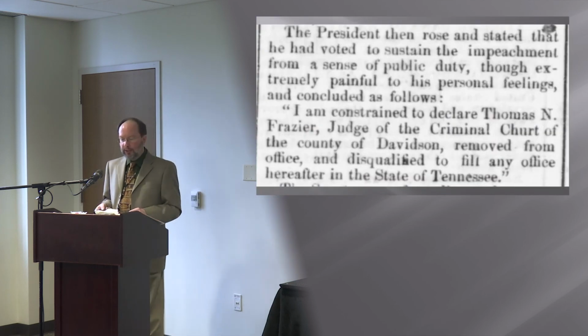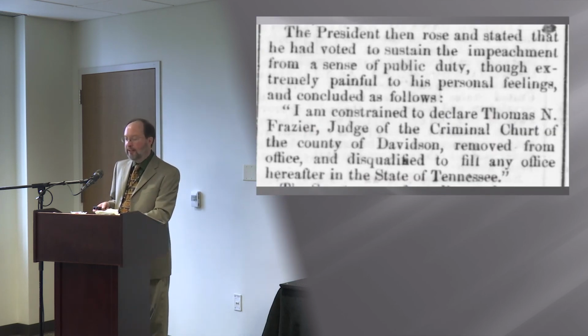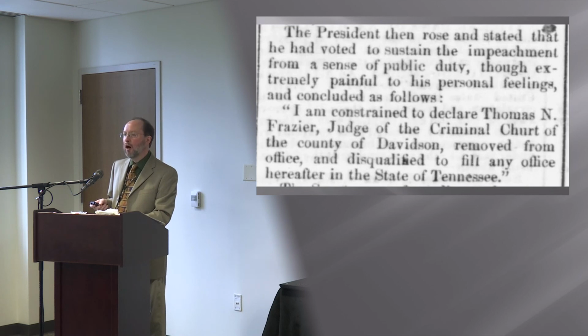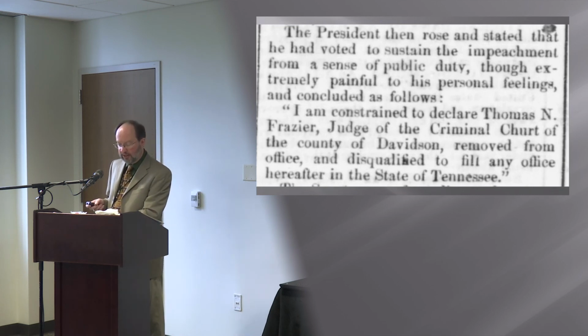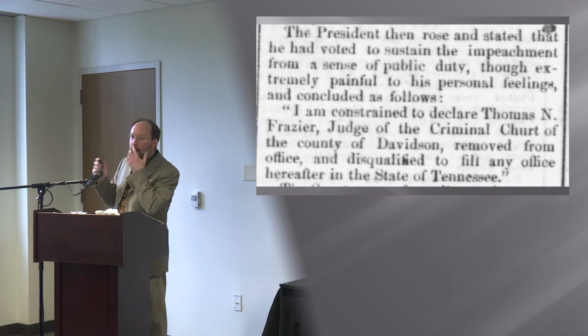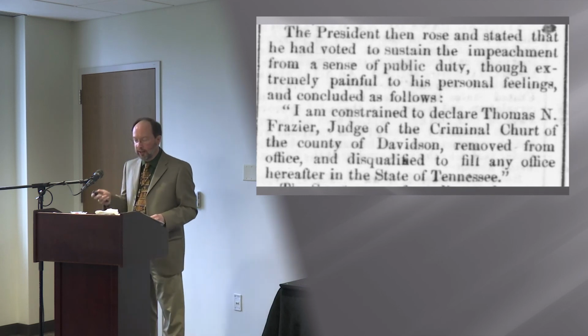The Nashville Union and Dispatch, June the 4th, 1867, reported the words of Speaker of the Senate Joshua Frierson: "I am constrained to declare Thomas N. Frazier, Judge of the Criminal Court of the County of Davidson, removed from office and disqualified to fill any office hereafter in the state of Tennessee." But what was done was done.